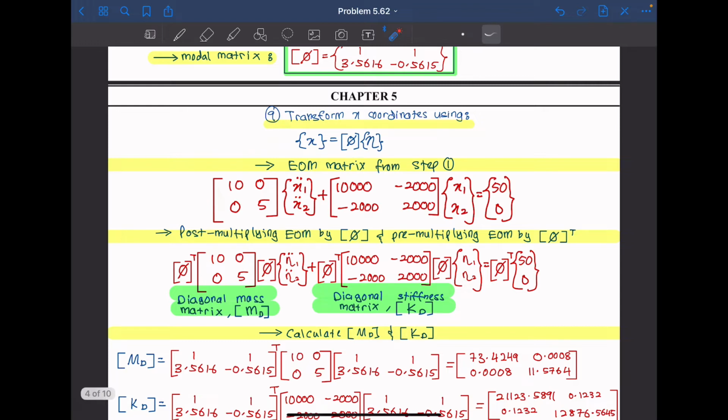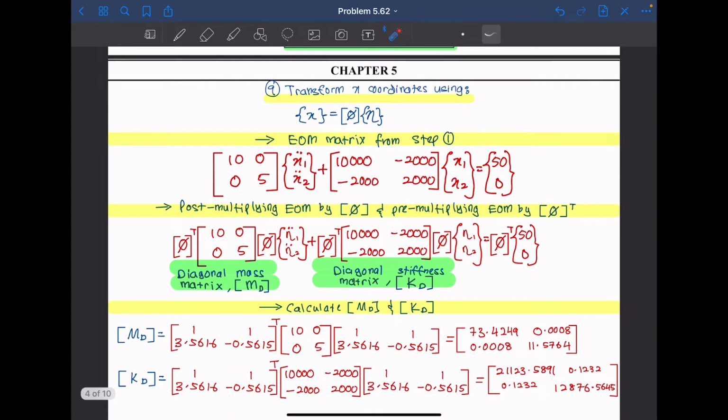So, in order for us to decouple the system, we have to get our mass matrix as diagonal. What does it mean by diagonal matrix? Diagonal matrix is basically this. For example, you have something here.